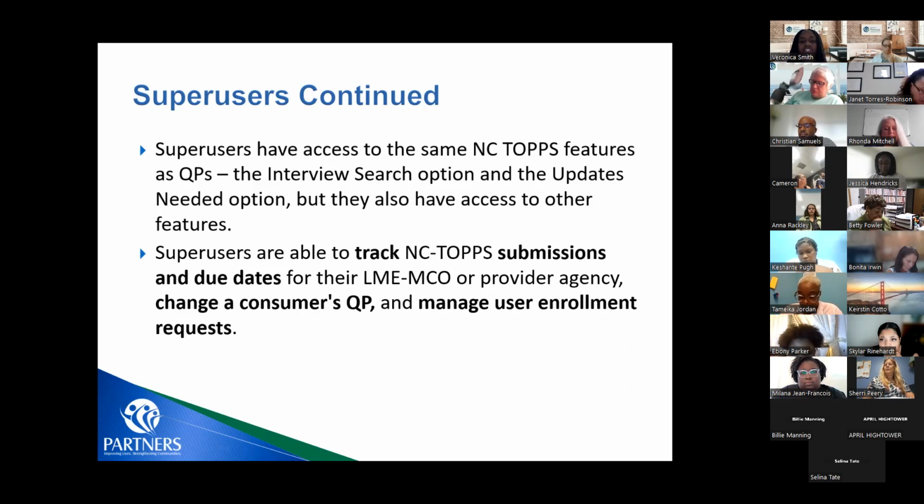But some agencies may utilize Gmail or different platforms, and sometimes I don't know who is supposed to be, and so a lot of times I have to reach out to the actual agencies. And so that is why having an actual super user for your location is super important, so that they're able to manage those enrollment requests.